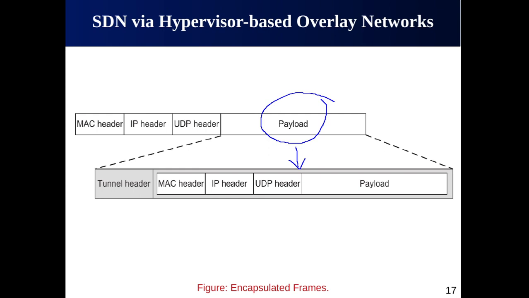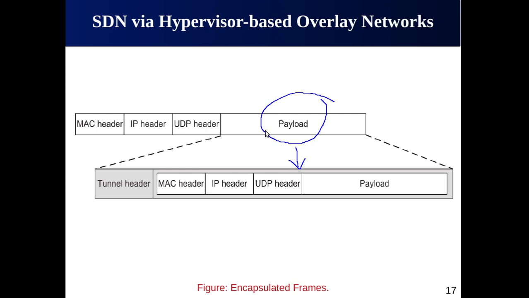This approach mandates that a centralized controller be in charge of making sure that there is always a mapping from actual destination host to the destination hypervisor, because at the virtual level the communication is between the hypervisors, which act like a host. So encapsulation plays an important role in this type of setup.